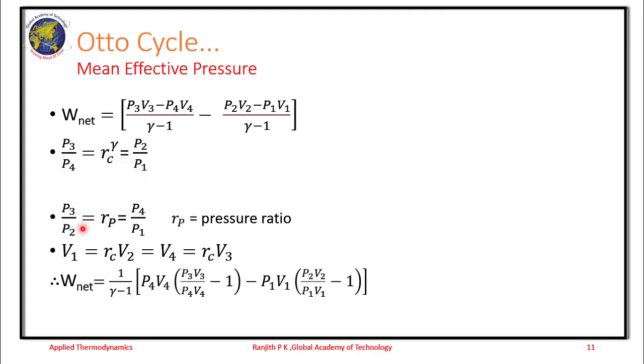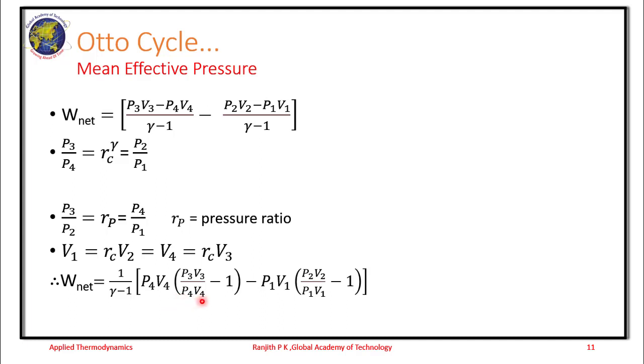We write the governing equation in terms of pressure, which is nothing but Rc power gamma, where Rc is the compression ratio V1 by V2, and similarly P3 by P2 is taken as the pressure ratio, that is again equal to P2 by P1. So if V1 by V2 is equal to Rc, implies V1 is equal to Rc times V2, and similarly V4 is equal to Rc into V3, because V1 equals V4 and V2 equals V3 from the PV diagram.